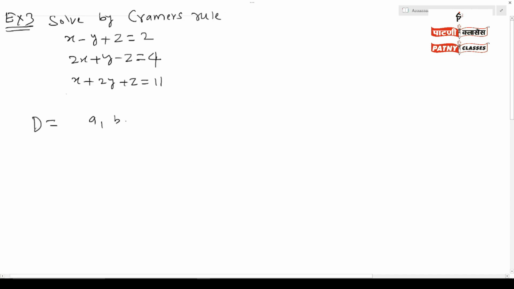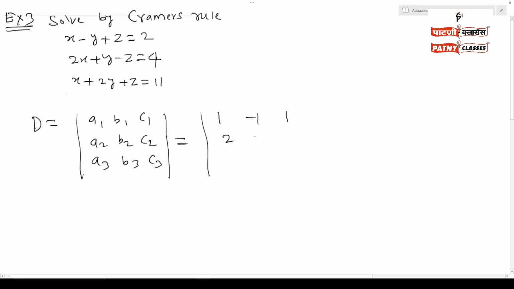The determinant of a1 b1 c1, a2 b2 c2, a3 b3 c3 equals 1 minus 1 1, 2 1 minus 1, 1 2 1.